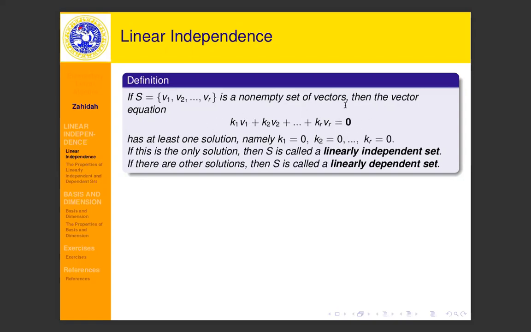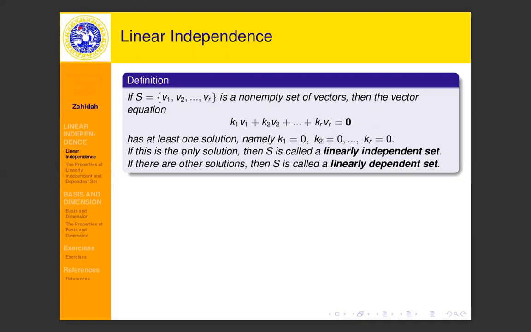If we solve this equation, if we solve this system, for sure we have at least one solution, if you remember our first topic about homogeneous system. From here we have at least one solution, the trivial solution, or we can say all the solutions 0.